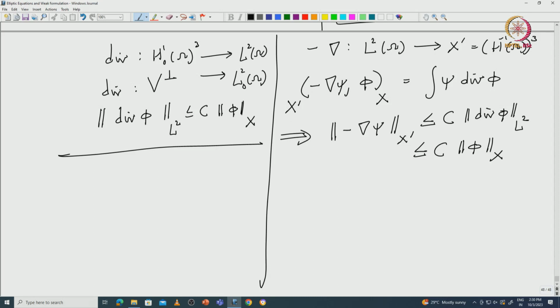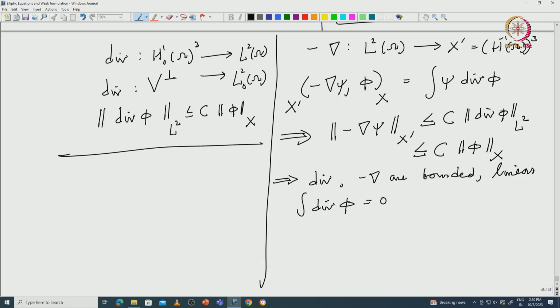So this is what basically tells you divergence and grad are bounded linear operators, and you also have divergence of phi equal to 0. These are all we have proved now.